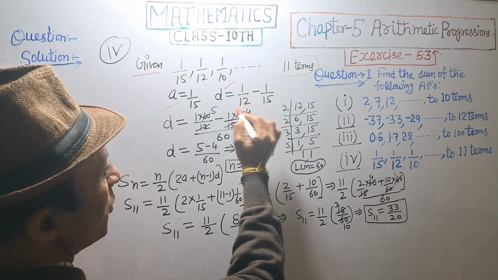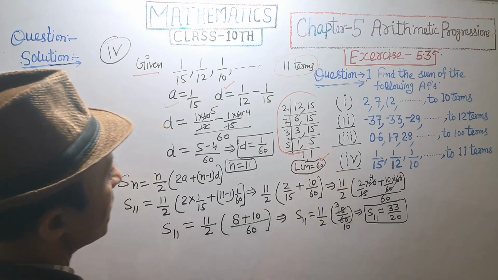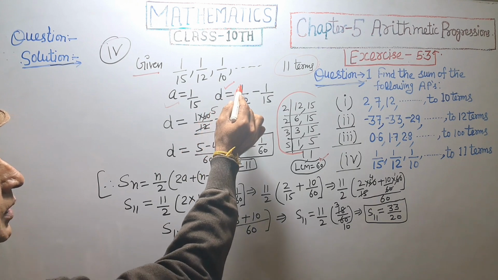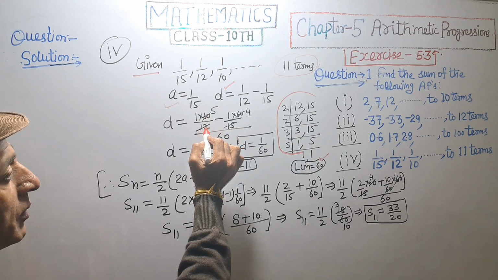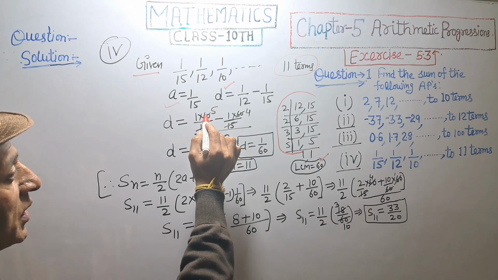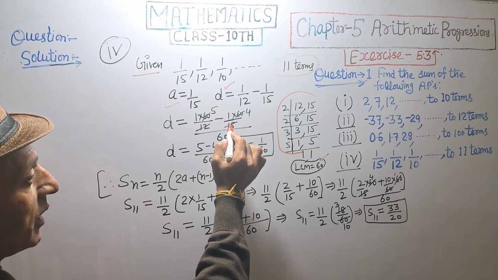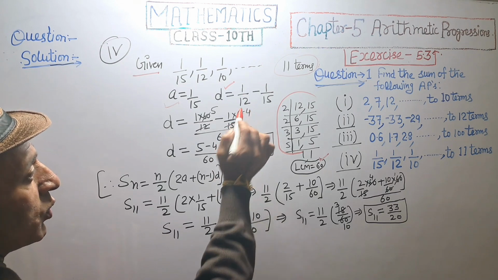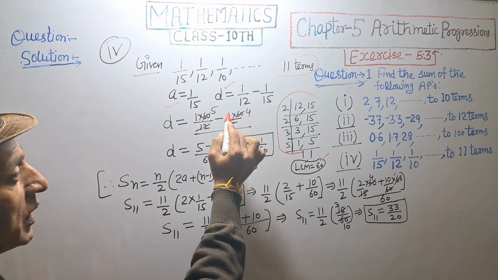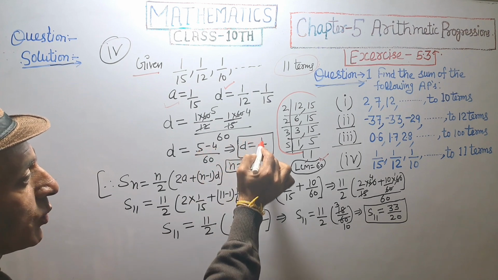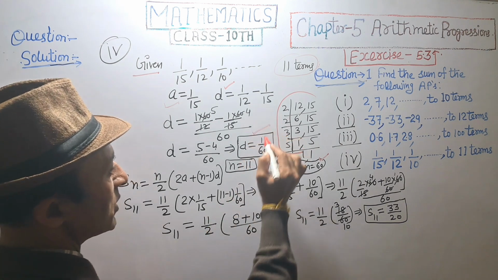First of all, the LCM of 12 and 15 is 60. 60 divided by 12 is 5, 12 5s are 60, and 60 divided by 15 is 4, 15 4s are 60. 5 multiplied by 1 is 5, 4 multiplied by 1 is 4, 5 minus 4 is 1 upon 60. Common difference we get is 1 upon 60.